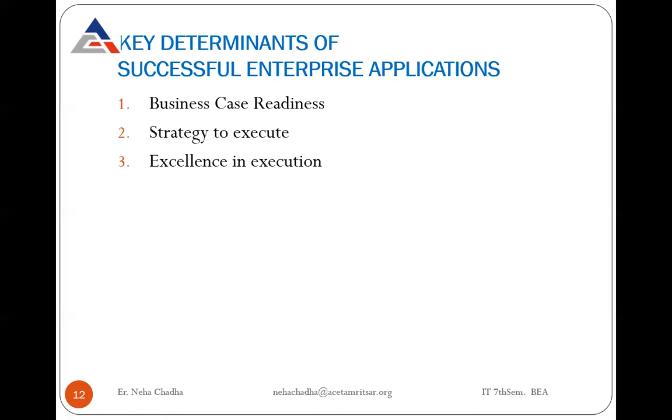The first point is business case readiness. That means our application should completely satisfy our customer whom we are going to launch for. Then is the strategy to execute: when to launch our application, when to launch our product. Then is excellence in execution. When you have launched your product, you are getting only the profit.